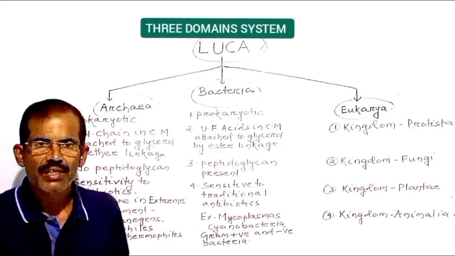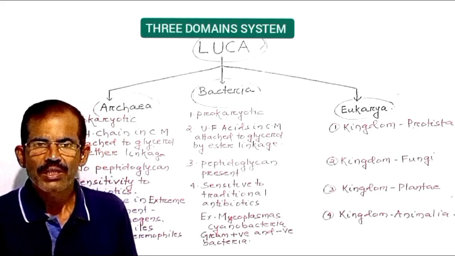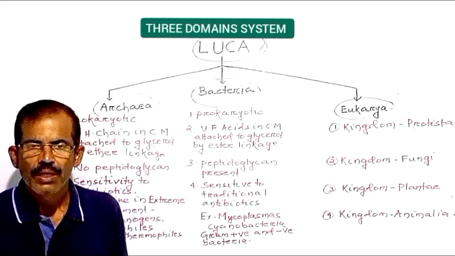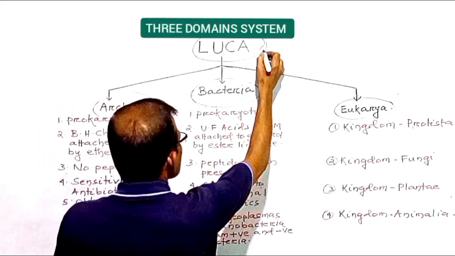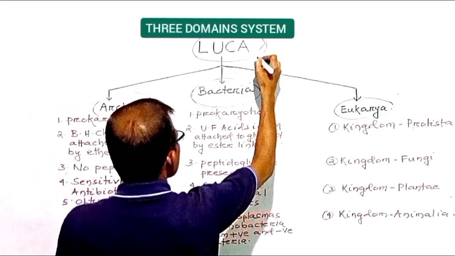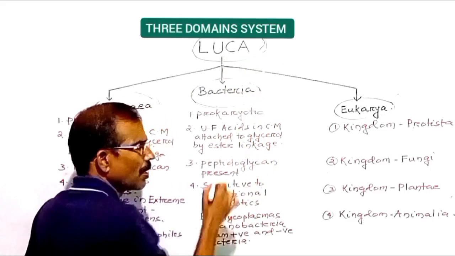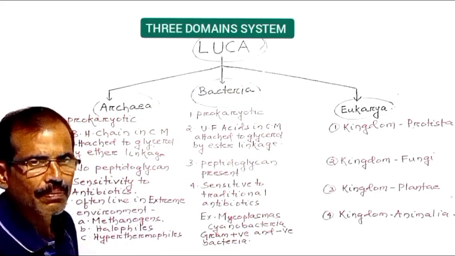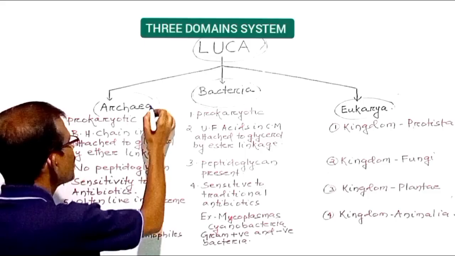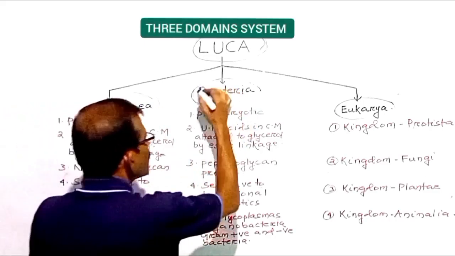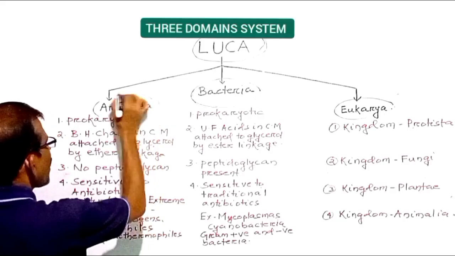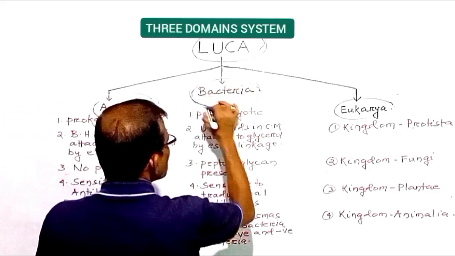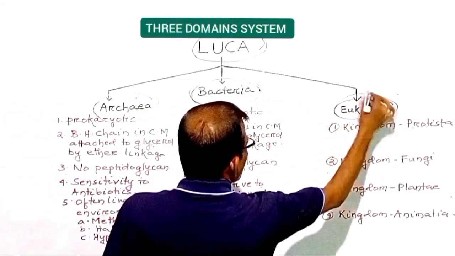As all cells are similar in nature, it is generally thought that a common ancestor cell, known as the last universal common ancestor, LUCA, in course of time evolved into three different cell types, thereby forming three different domains such as the archaea, bacteria and the eukarya.